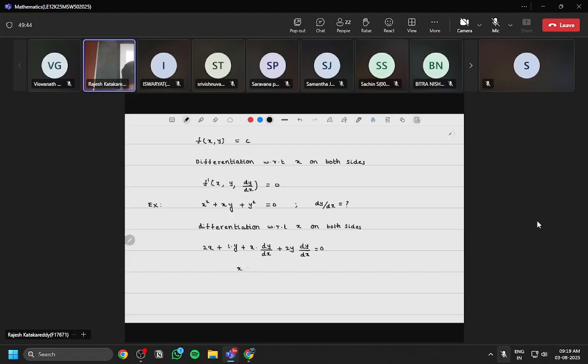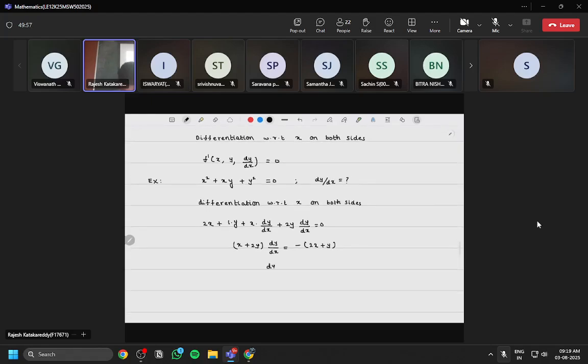Now this is x plus 2y into dy by dx is equal to minus 1 into 2x plus y. Now I can write dy by dx is equal to minus 1 into 2x plus y divided by x plus 2y. So this is dy by dx.